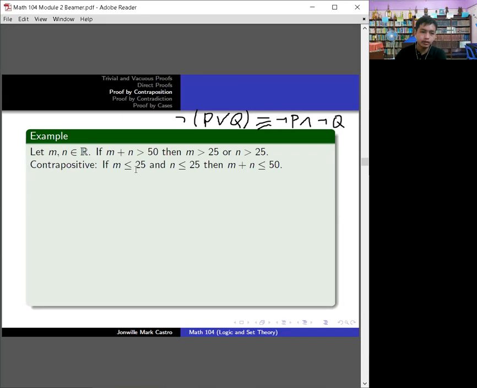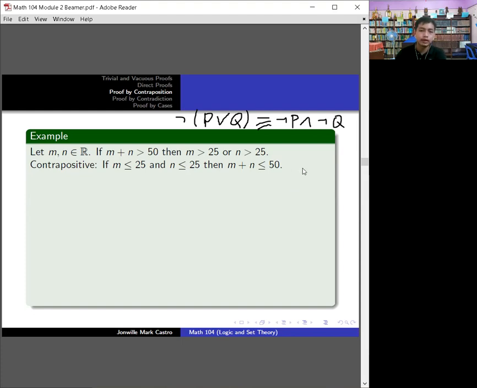So if M is less than or equal, so yung greater than magiging not greater than, or less than or equal. If M is less than or equal to 25 and N is less than or equal to 25, then M plus N is less than or equal to 50.